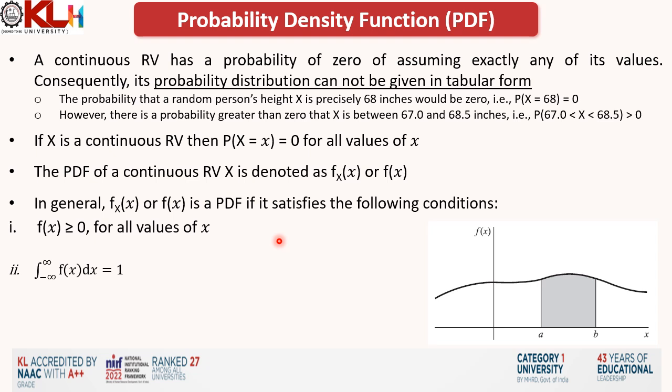And the integration of f of x over all possible values of x is going to be 1. And if you want to calculate the probability that the random variable takes a value between a and b, we simply integrate the PDF between the limits a and b. So if a and b are very close to each other, then we can say that the probability of the random variable taking values between a and b is going to be f of x times the length.